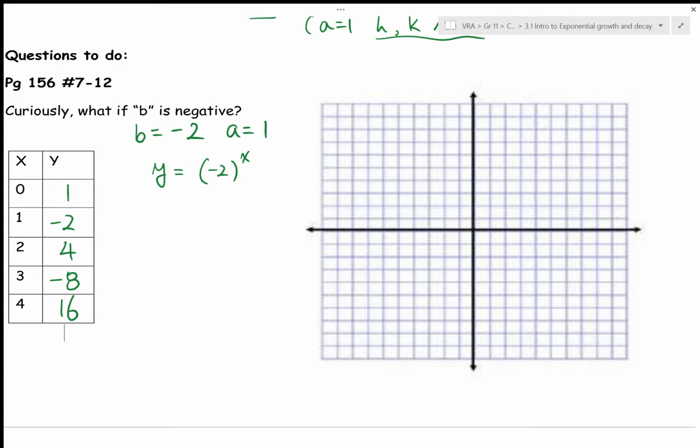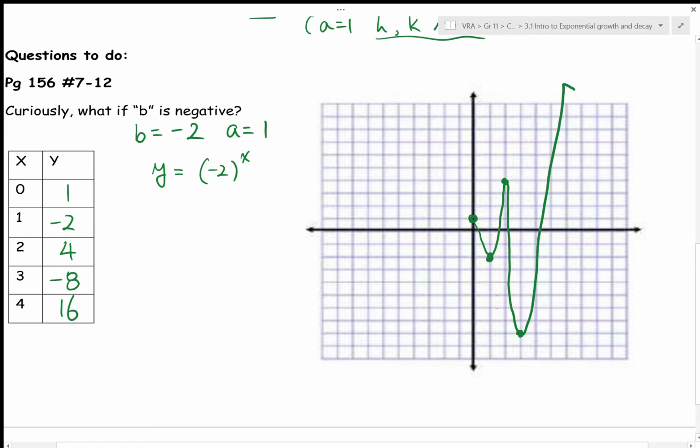If you plot this out, when x equals 0, you have 1. When x equals 1, you have negative 2. When x equals 2, you have 4. And at 3, negative 8. I can't really draw 16. But what's happening here is that it goes up, down, and up, on and on.